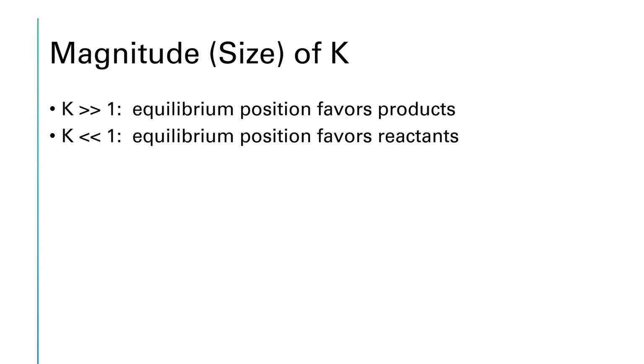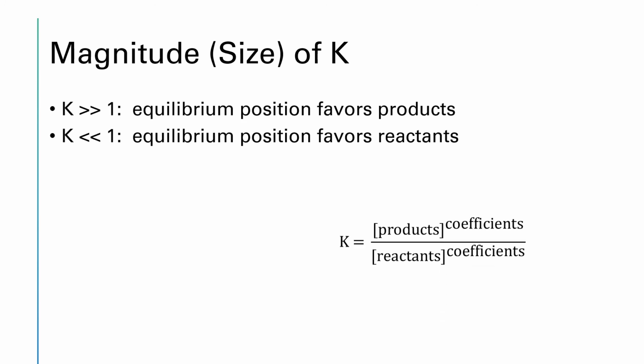And the last thing I want to do for this section is to take a look at the size or the magnitude of K. If we look at the expression for the equilibrium constant, it's products over reactants, and they're all raised to their coefficients. So products are in the top, reactants are in the bottom.